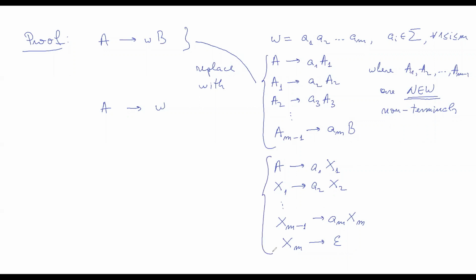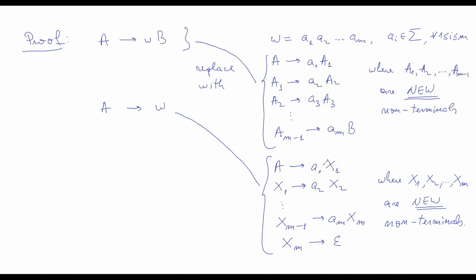And so in this part, I'm going to replace this production that gives all the letters at once with this set of productions where all of these X1, X2, ..., XM are new. Again, it's really essential that they are new non-terminals. Whereas this production was introducing all letters at once via just one production, this one will have to go through all of these productions, and the result is going to be the same.